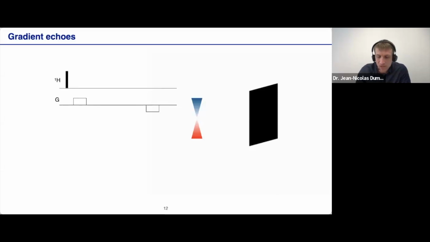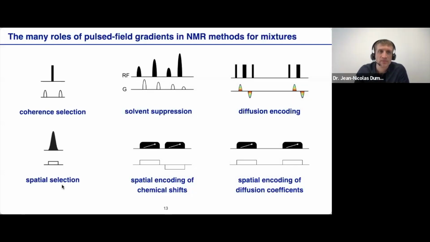So this is the basis of a gradient echo. If two gradient pulses are applied with opposite areas, then the first generates a magnetization helix and the second returns it to its initial state. This is in a case where spins are not moving during the application of the gradient pulses.